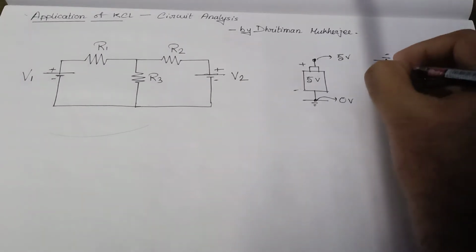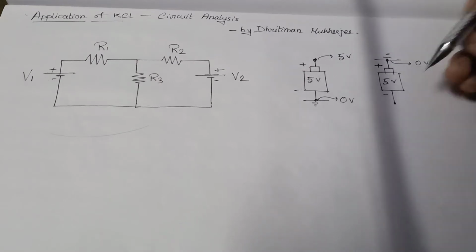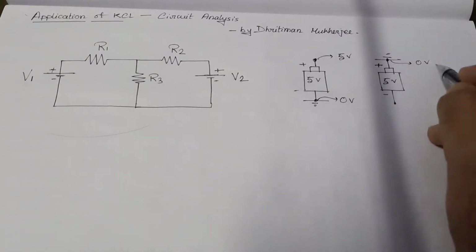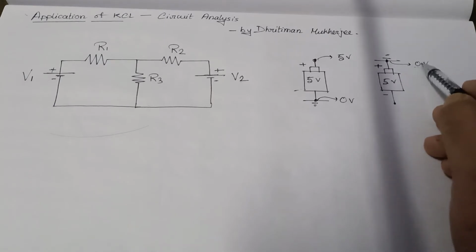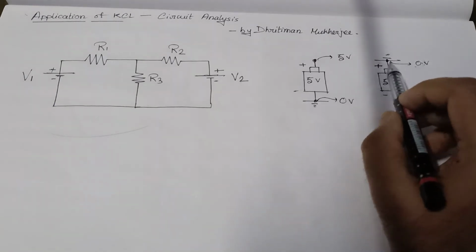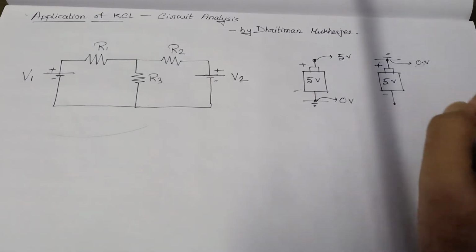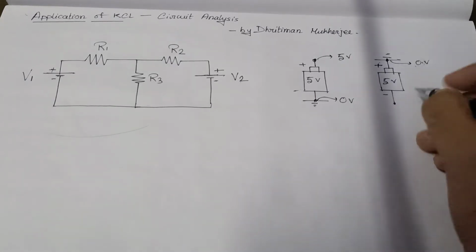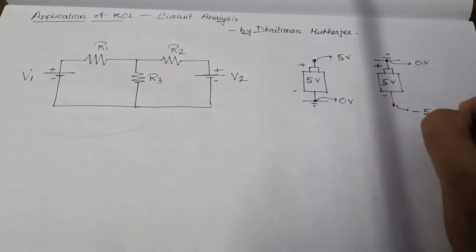Now this time the lift will take you down. The potential will be less. So if this is 0 volt, suppose you are at the ground floor and you are using the lift to go to the basement, this point will be minus 5 volt.